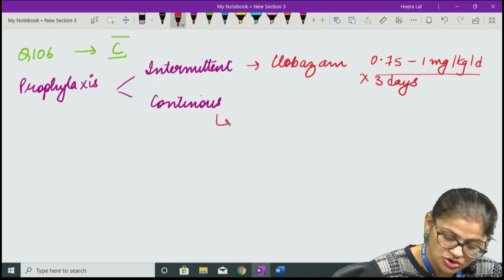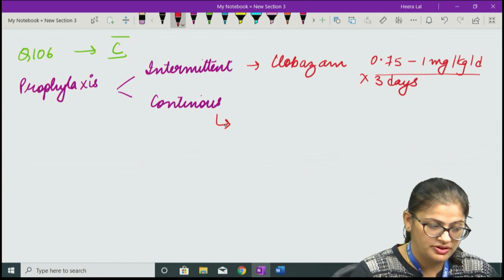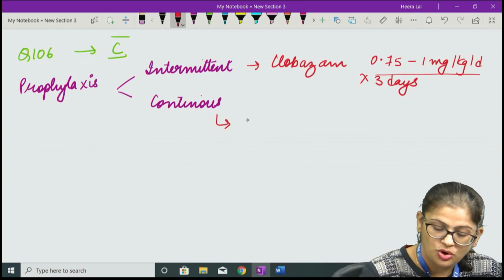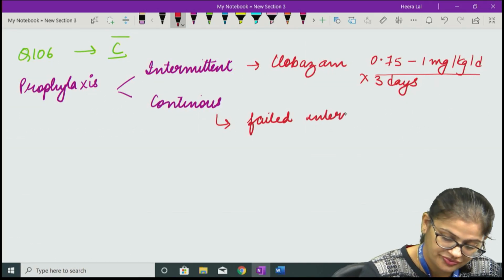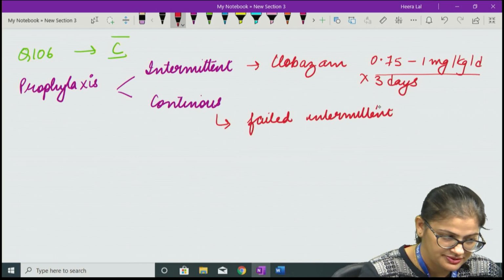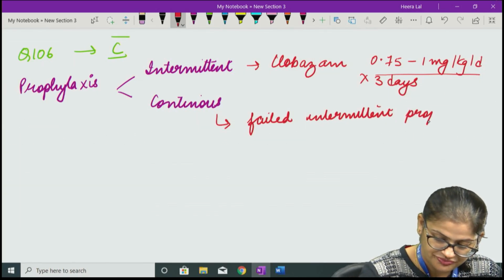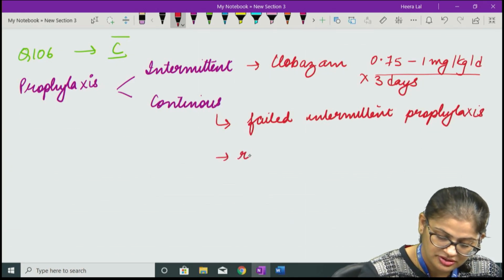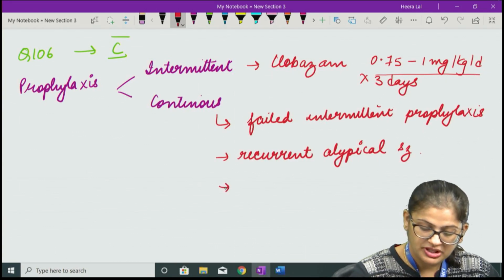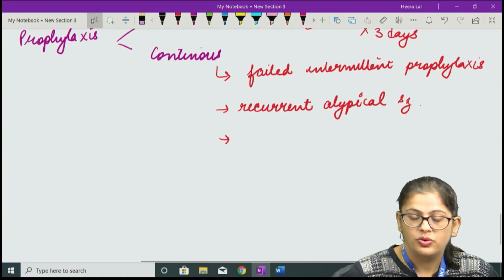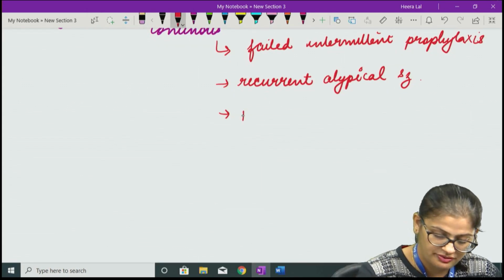However, continuous prophylaxis may have to be given to those children who have failed intermittent prophylaxis or who have recurrent atypical febrile seizures or if the parents are unable to recognize the onset of fever.